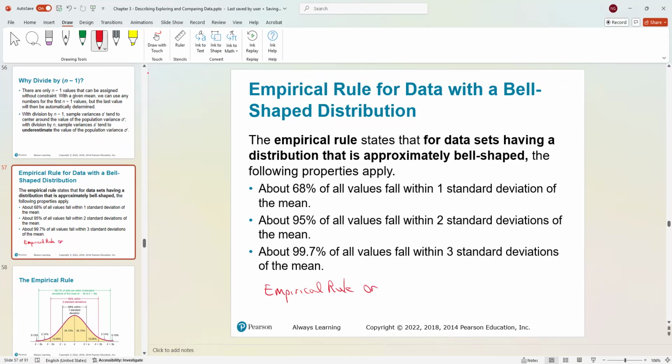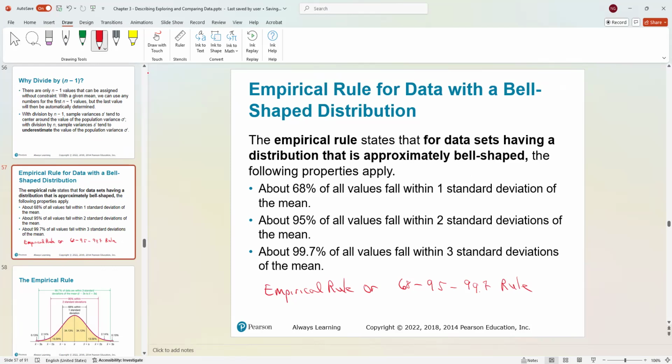We call it the empirical rule, or a lot of people call it the 68, 95, 99.7 rule. You give these rules two names, right? For data sets that are approximately symmetric and bell-shaped, the standard deviation has these characteristics.